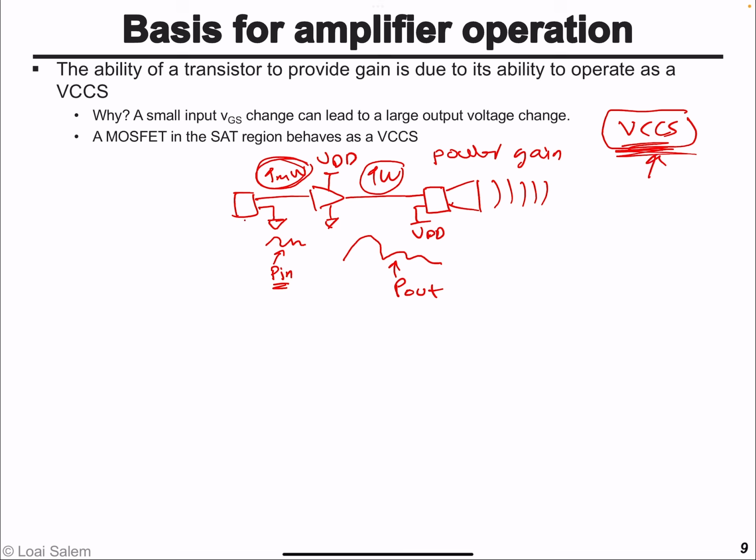Well, let's assume that we can model the microphone as a current source in parallel with a resistor, and let's call this resistor R. Then we are going to use a voltage controlled current source to take the signal produced by the microphone, and this signal controls the current of the voltage controlled current source.